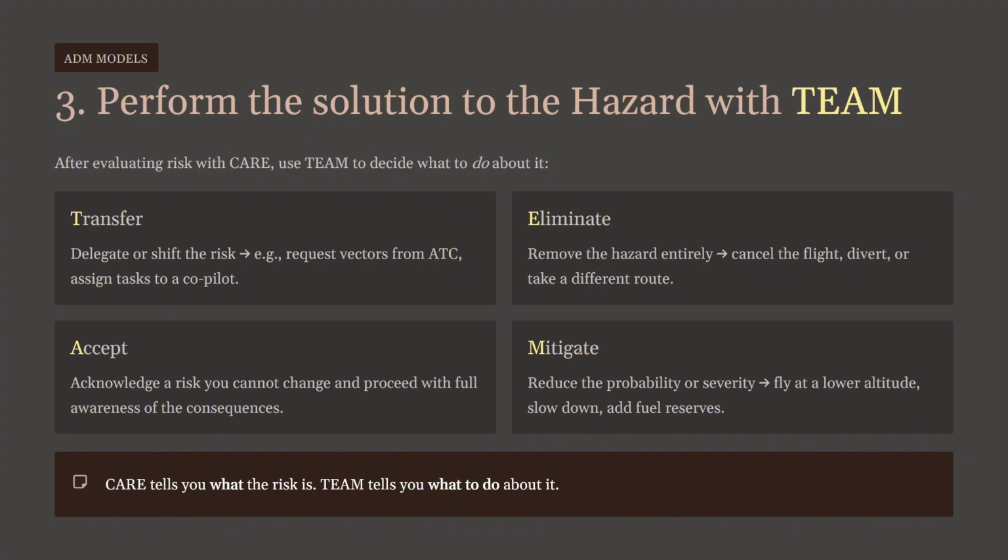And M stands for mitigate, which means reducing the risk, even if it cannot be removed completely, right? So, overall, CARE helps us understand the problem, and TEAM helps us decide what to do about it. Okay, so there's a difference.